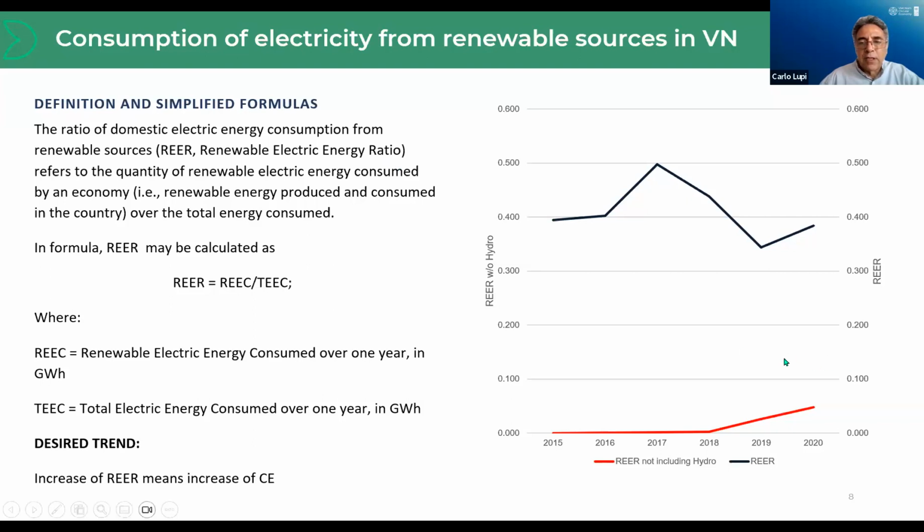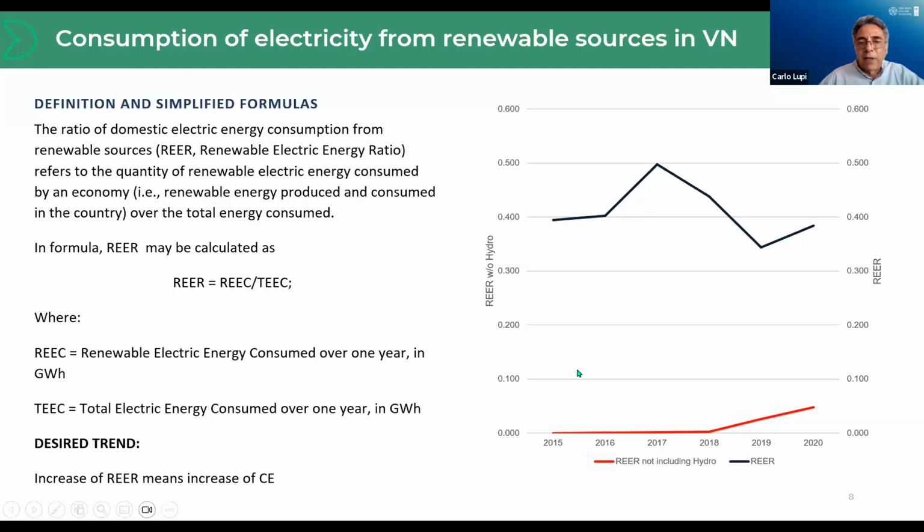If we look at the calculation, we may see that indeed there was a decrease in renewable energy from the year 2015 to 2020, which was mostly attributed to the increase in fossil fuel generated electricity.